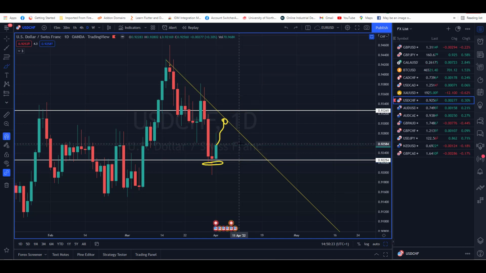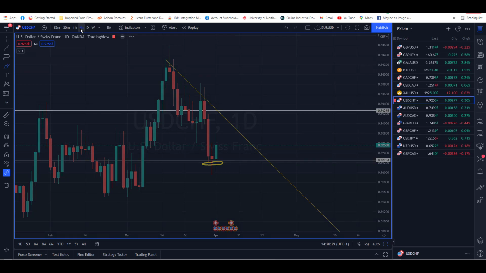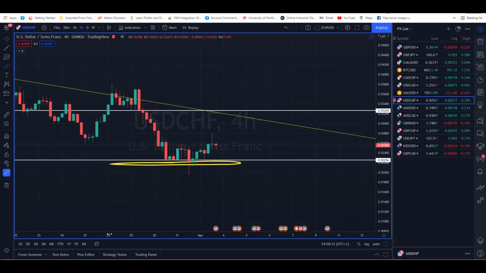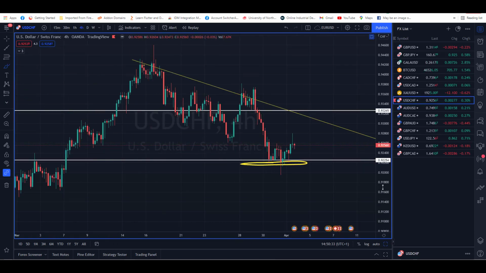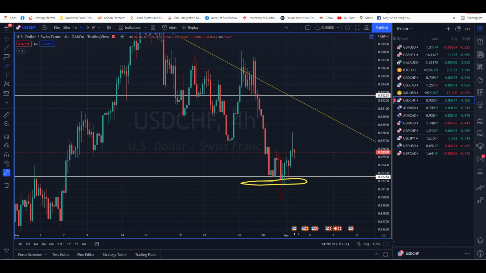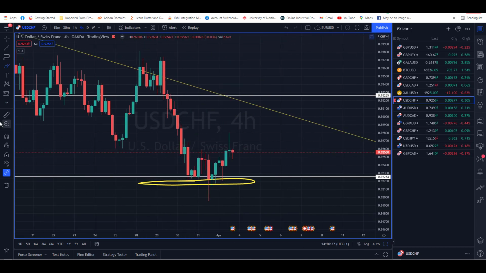So what we need to do now to see how we could take advantage of this price action is to go down to the lower frame. I move down to the 4-hour time frame, and I love what is happening there. We see more like an inverted head and shoulder pattern here.